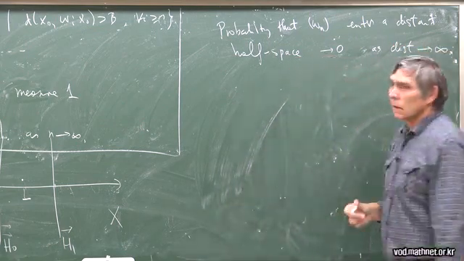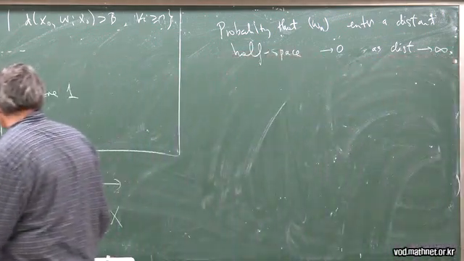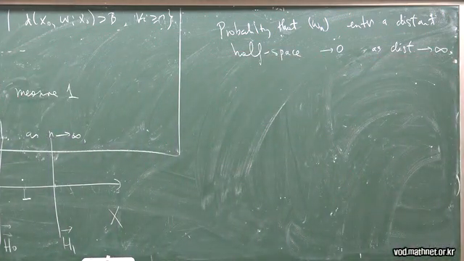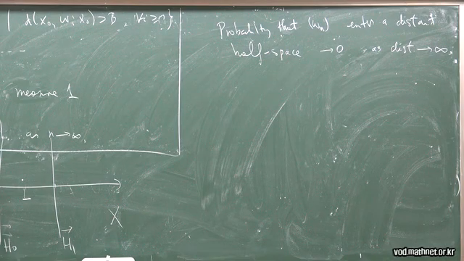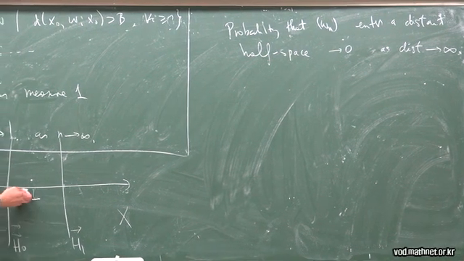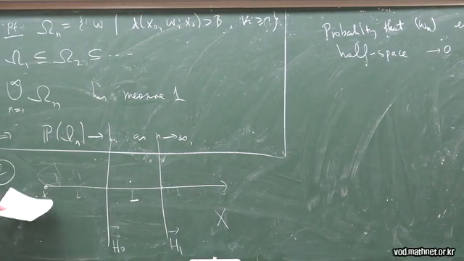That's the claim. So if L is large, then the probability of even entering this half space, the random walk is going to do some crazy things here, but the probability that it ever enters this half space is as close to 0 as you like, as long as you make L big.